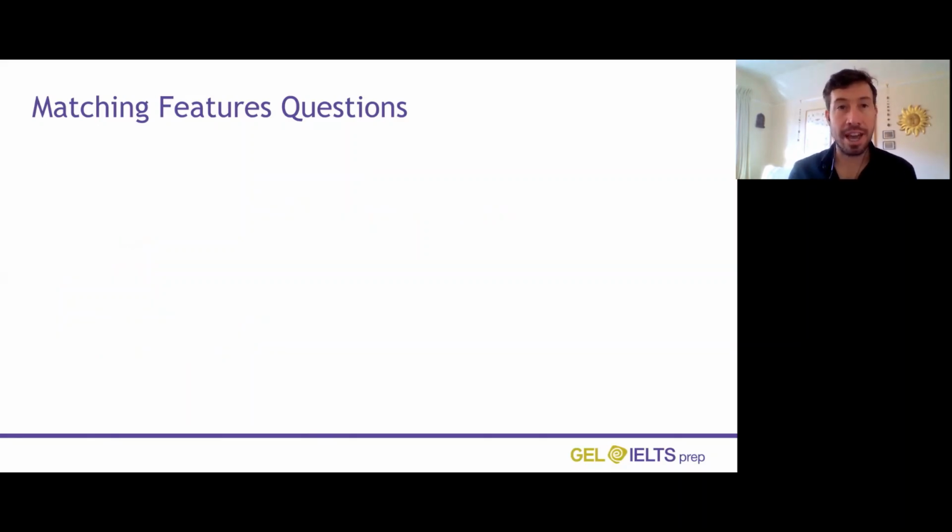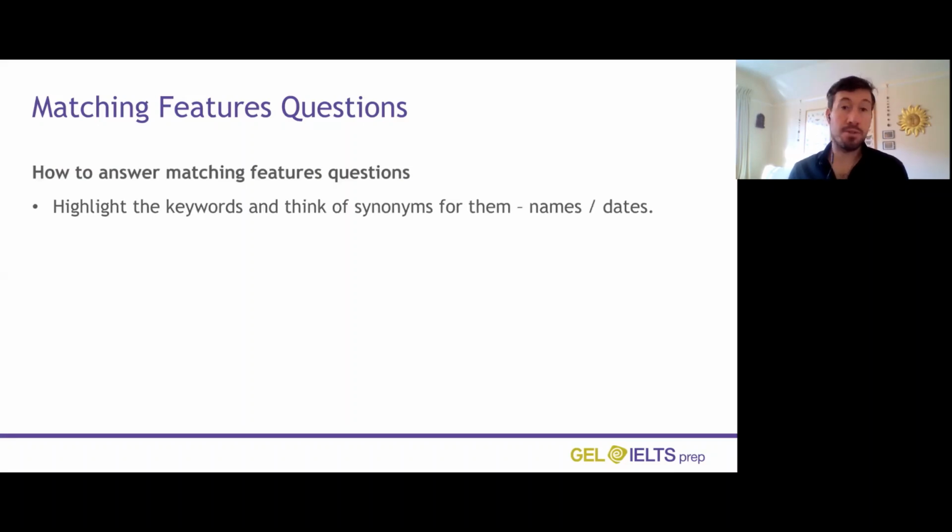Now let's look at how to answer matching features questions. So how to answer them? Well, first, it follows a similar process to the short answer questions in that you highlight the keywords and you think of synonyms for them. Specifically, you could think of dates or names. These are often very useful when matching features.